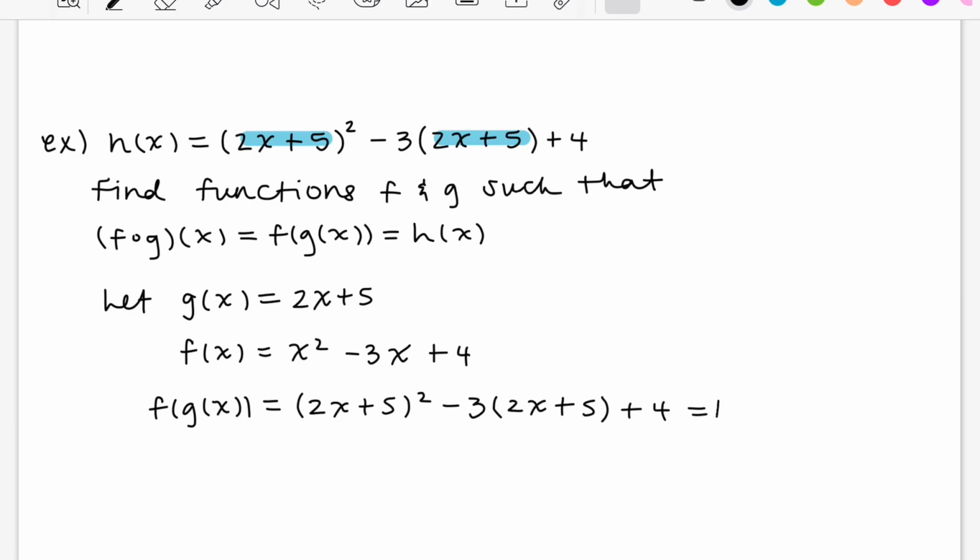And if you notice, this is equal to our given function h of x.